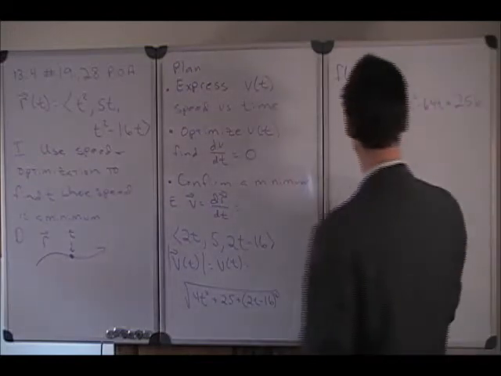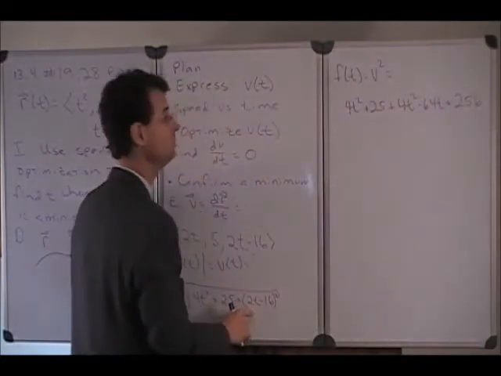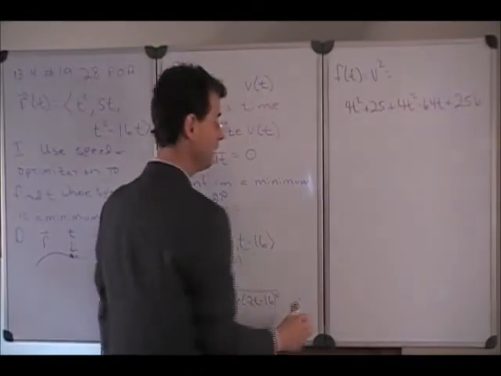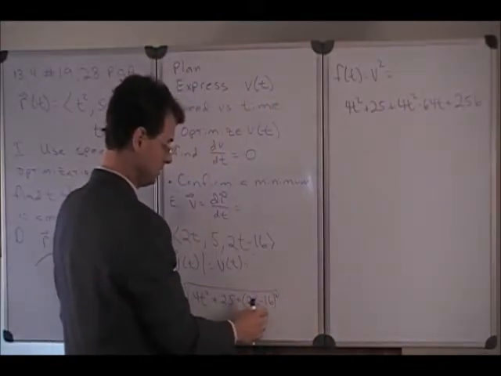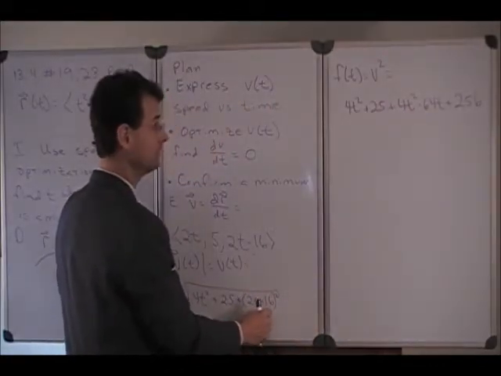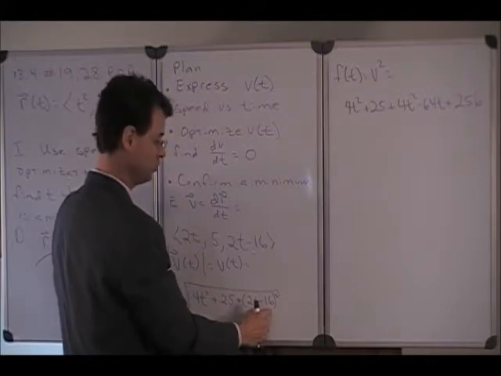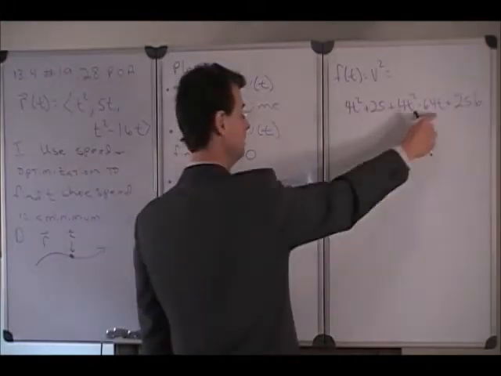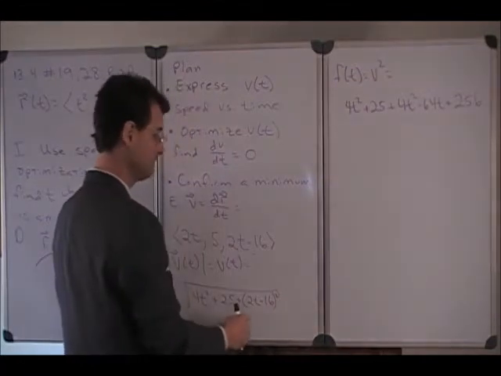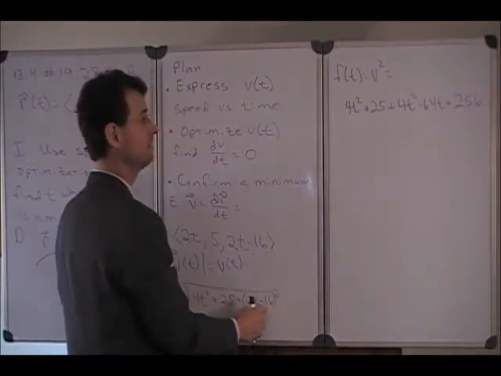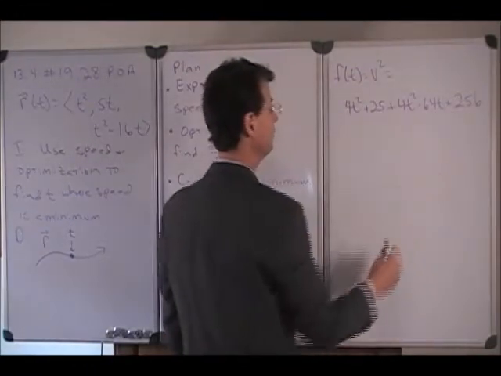So let's just double check that I did that expansion. So 2t squared is 4t squared. 2t times negative 16 is negative 32t, and you double it because the middle term gets doubled. And then negative 16 times negative 16 is 256.